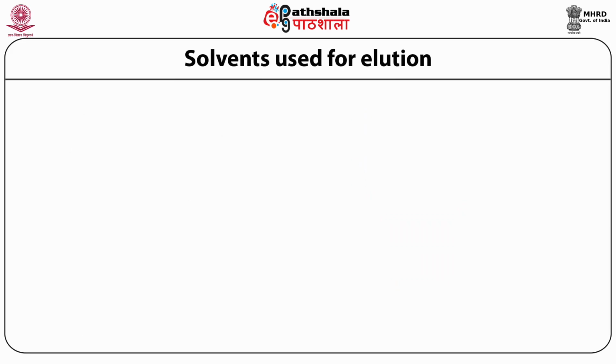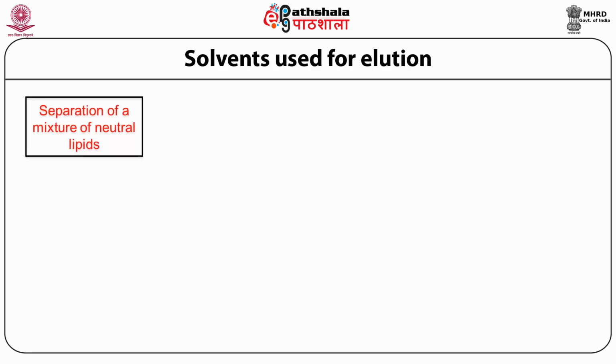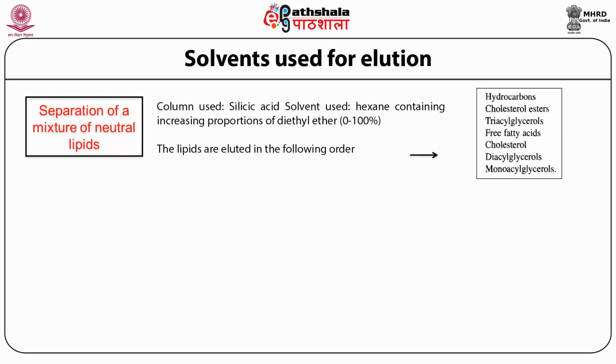There are different kinds of solvents that can be used for eluting different types of lipids. Here you see that if you have to separate a mixture of neutral lipids, the column used would have silicic acid as the stationary phase, and the solvent that you would prefer to use would be hexane, which is nonpolar, containing increasing proportions of diethyl ether in a range of 0 to 100%.